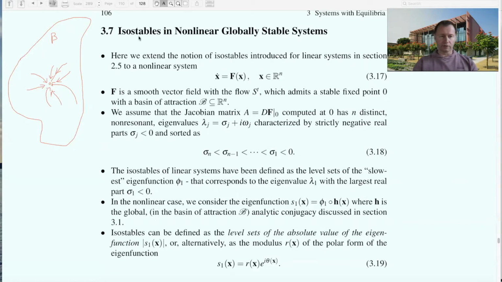So the situation that we start with is here, we have a basin of attraction, calligraphic B, and then we have a fixed point here, and that fixed point is stable.